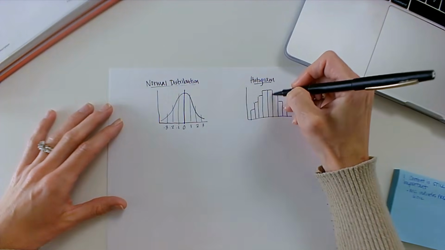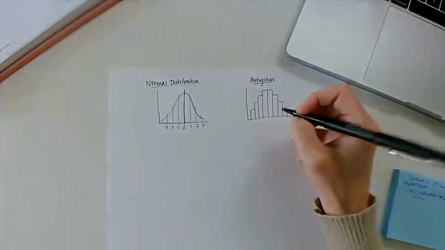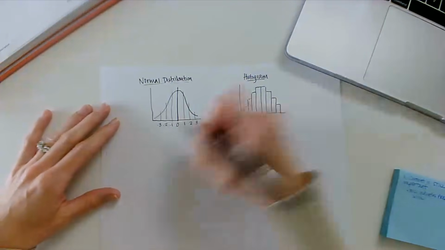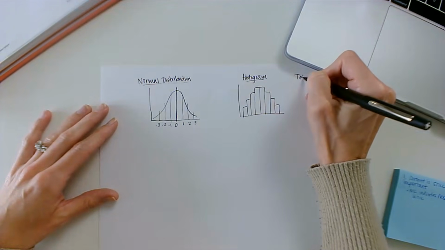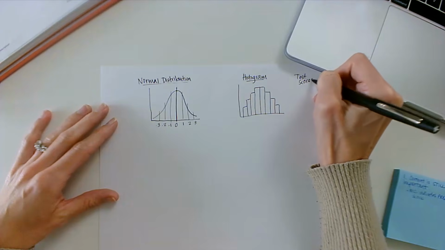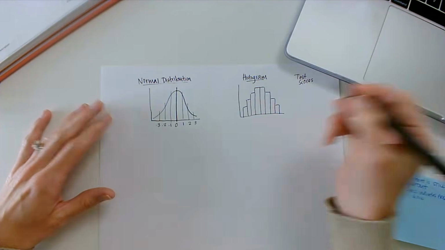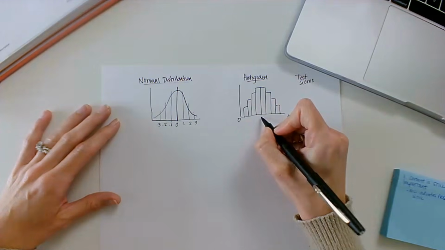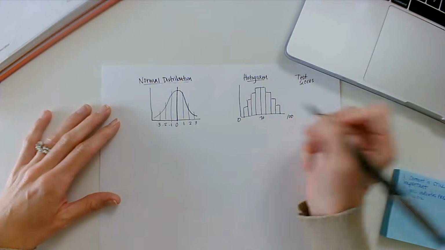And so each one of these lines indicates a range. Okay, so let's say that this is a histogram or a normal distribution of test scores on an AP test, right? And 0% down here and 100% up here. The mean was, I don't know, 70%, right?